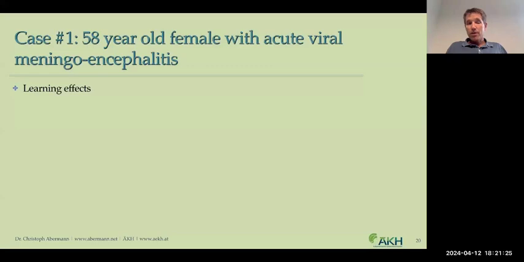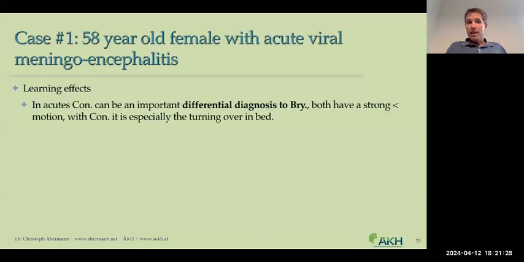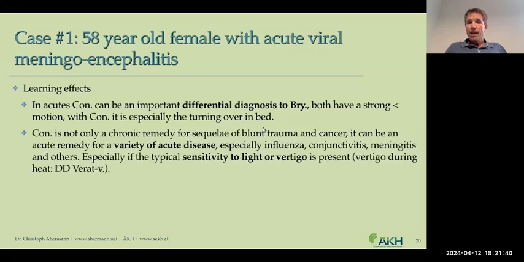So what can we learn, or what did I learn from this case? In acute, conium can be an important differential diagnosis to bryonia. Both have strong aggravation from motion. With conium, it's especially the aggravation from turning in bed. And the most important issue here is that conium is not only a chronic remedy for sequelae of blunt trauma and cancer, as we knew it like 10 or 15 years ago in the old Richard, or in most of the materia medica.